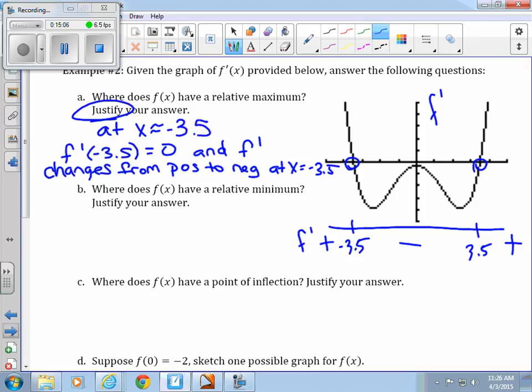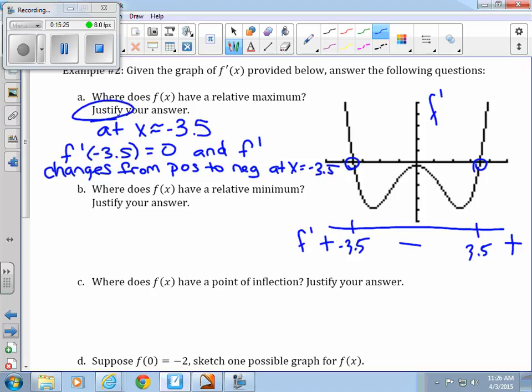So f prime of -3.5 is 0, and f prime changes from positive to negative at x equals -3.5. They will take it without saying anything other than that. That's enough. Therefore, there is a relative maximum at negative 3.5.